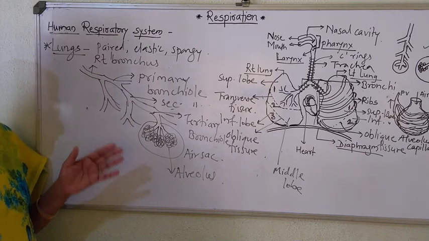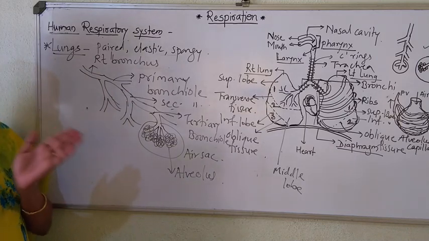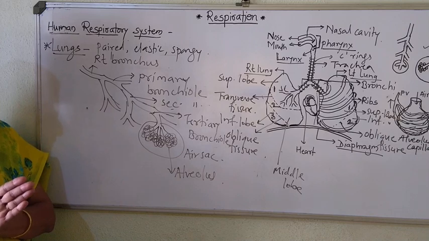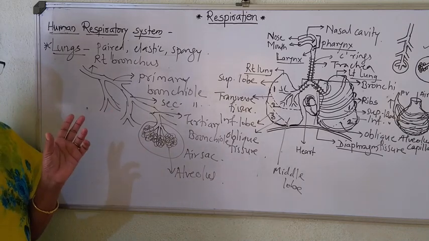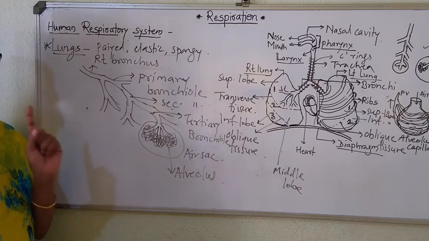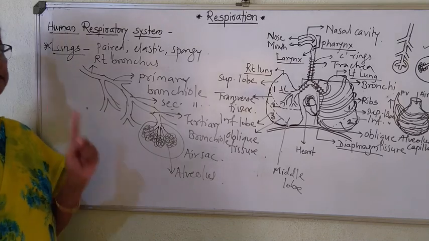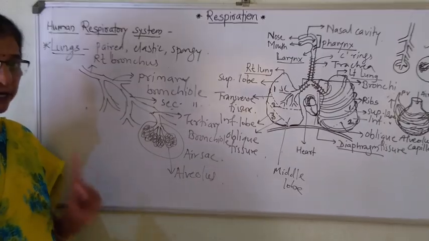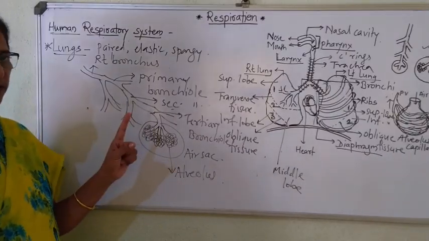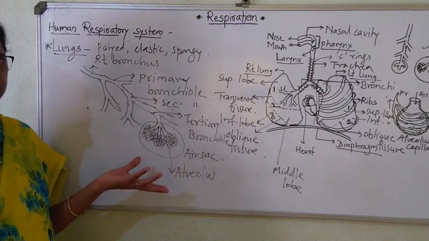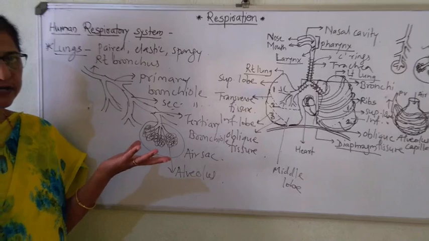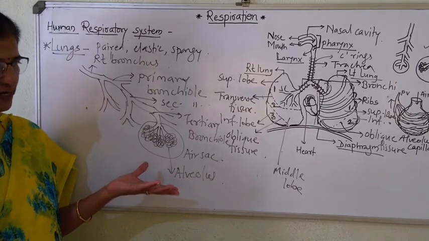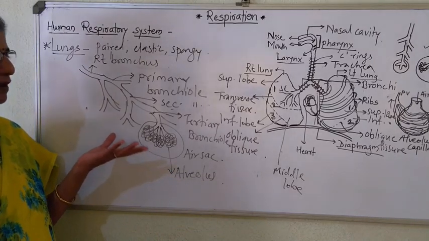This pleural membrane is double layered. The outer layer is known as the parietal layer, the inner layer is known as the visceral layer. In between these two, the cavity is present. That cavity is known as the pleural cavity. This pleural cavity is filled with pleural fluid, and this pleural fluid gives lubrication when a lung contracts and relaxes, or during expiration and inspiration respectively.